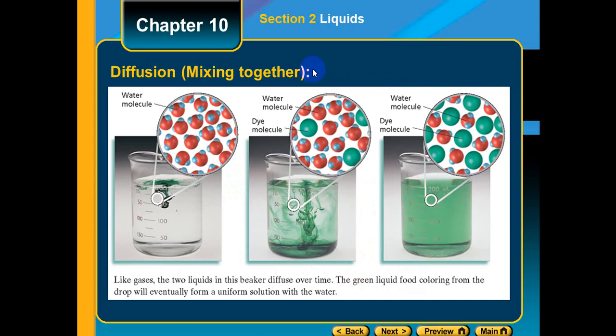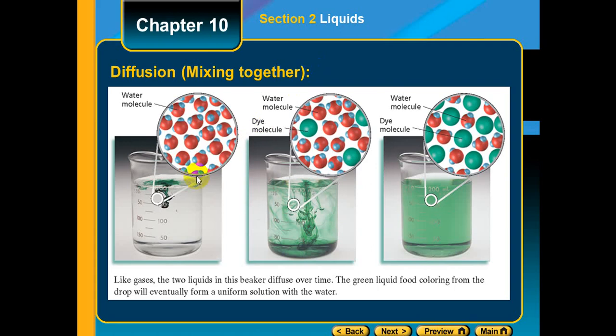Another property of liquids is diffusion, and diffusion means mixing together, as in the case of gases, which can diffuse with each other. Liquids also can diffuse if the two liquids can mix with each other.